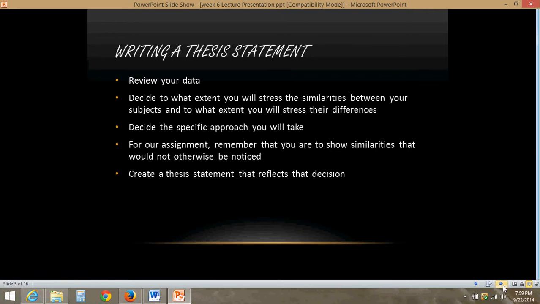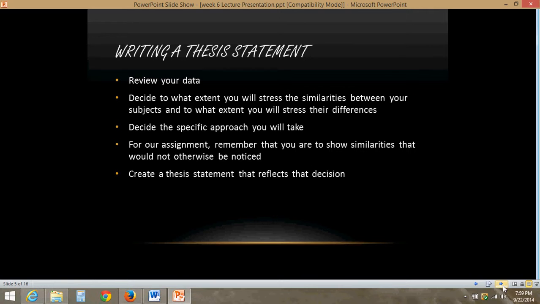So remember, the assignment for our paper is to show similarities where we wouldn't normally see them. So that might help you determine where your stress is going to be, if there's going to be a stress on one side or the other. And then decide your specific approach that you're going to take. Of course, we already kind of have a guided element with this paper, because I am asking you to show similarities where there would otherwise not be seen.